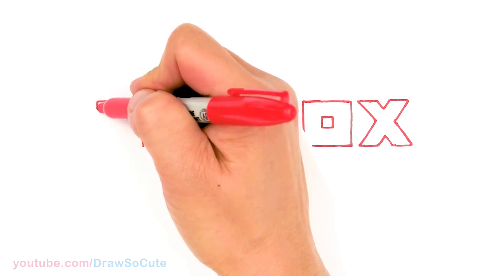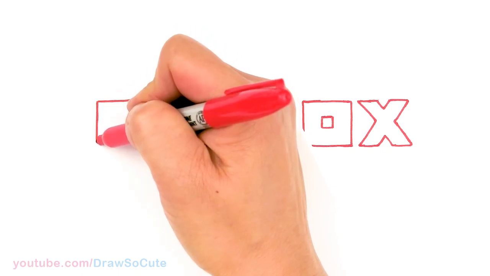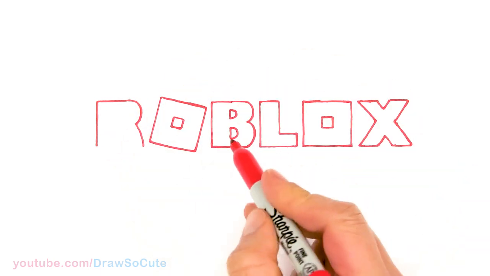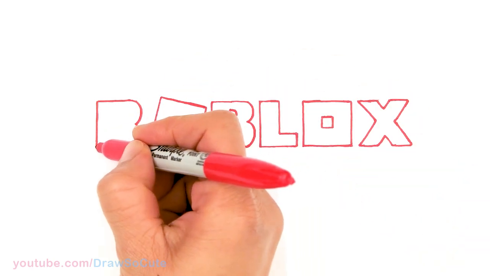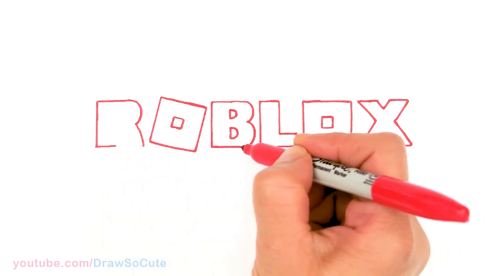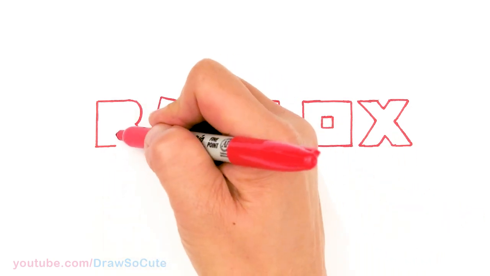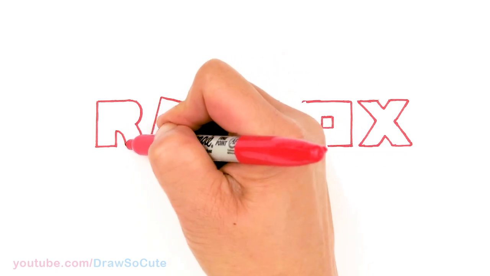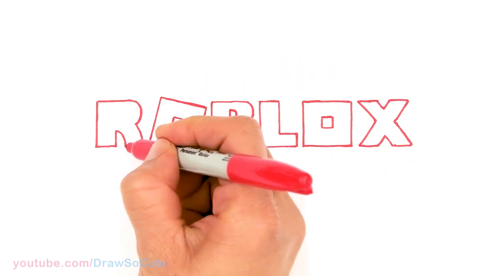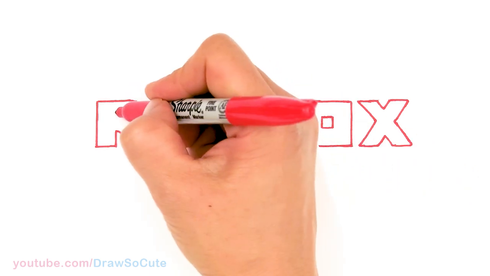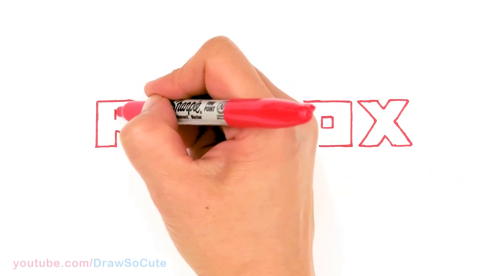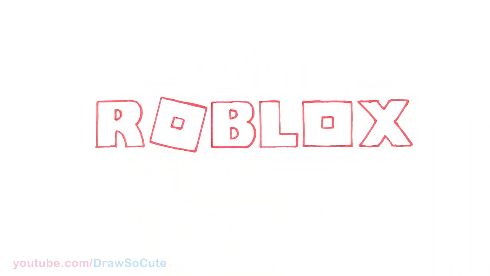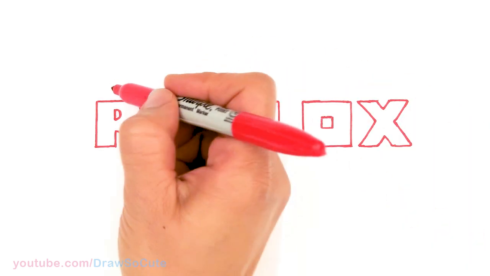So about right there, come down, straight down, and then once again just drawing about the same width, and let's go up and curve and connect. So once again inside, there. So I'm just going to fix my R.